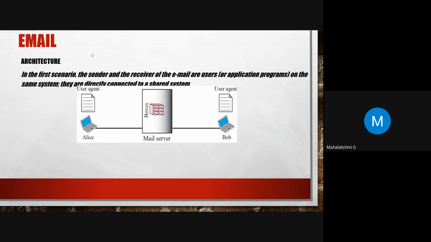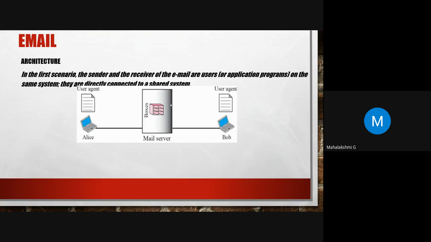So now we will consider a small example. When Alice, a user, needs to send a message to Bob, another user, Alice runs the user agent program to prepare the message. Using this user agent program, Alice is going to prepare the message and store it in Bob's mailbox.